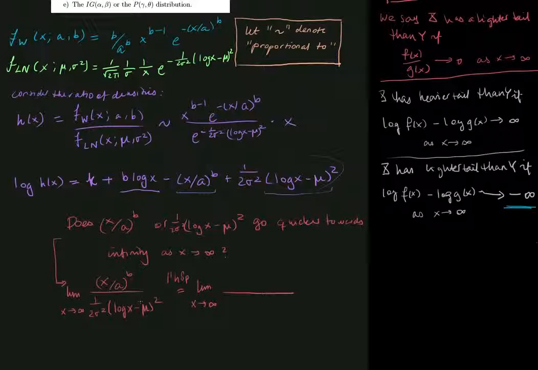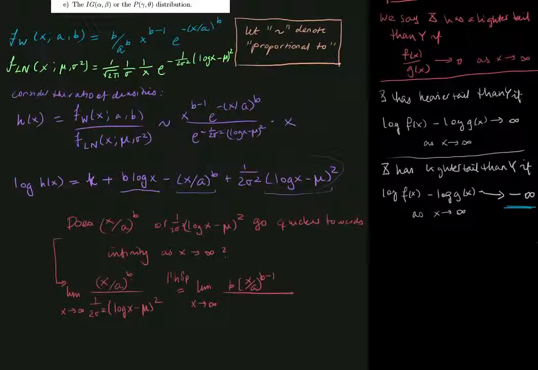And what I see here is the derivative of this thing here is roughly something that is x to the b minus 1, right? So what I have here is actually b multiplied by x over a to the b minus 1.